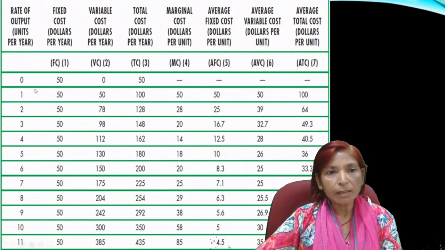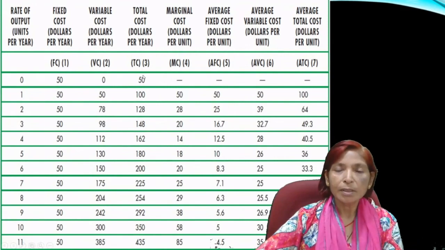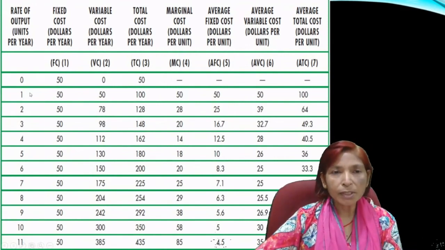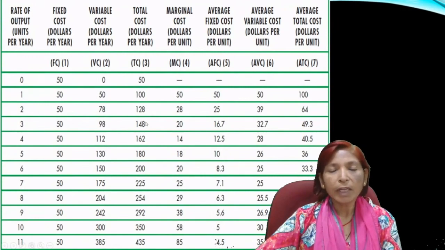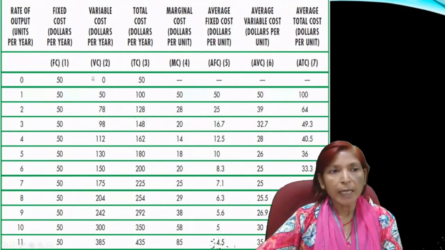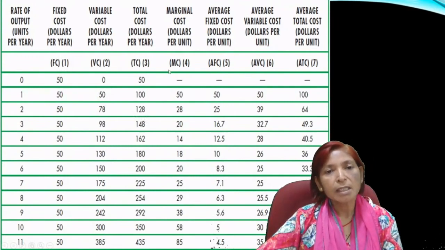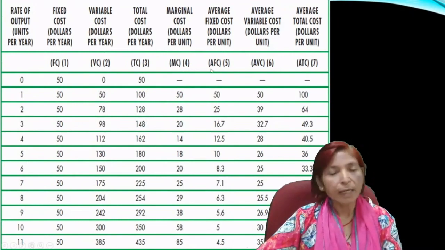If we are given only two things, the units of output and the total cost, we can estimate all types of these costs. Like fixed cost we can calculate, variable cost we can calculate by using formulas, and MC also we can calculate.